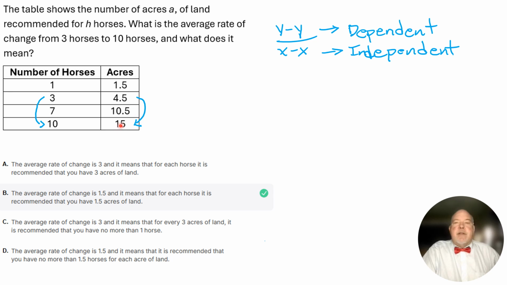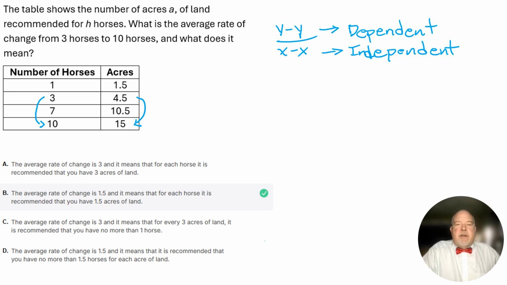You could have 15 acres and have 3 horses, right? So the number of horses is not dependent upon the number of acres. So if I have 15 acres, that doesn't mean I have 10. But if I have 10 horses, that does mean that I need at least 15 acres. So acres is the dependent variable.